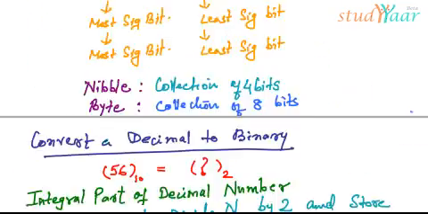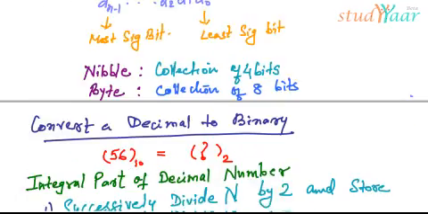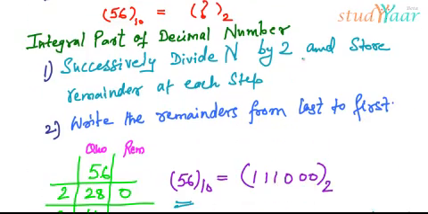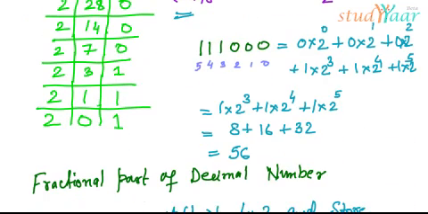And over here, when do we stop? Successively divide n by 2 and store the remainder at each step until 0 is got as the quotient. Just understand, we have 0 as the quotient over here, that's why we stopped.